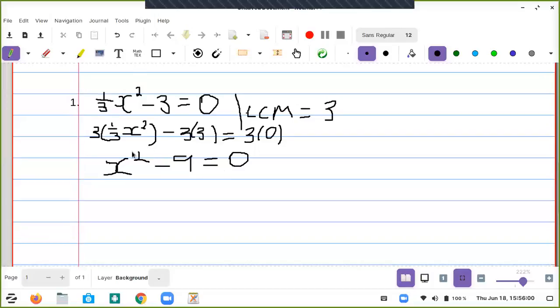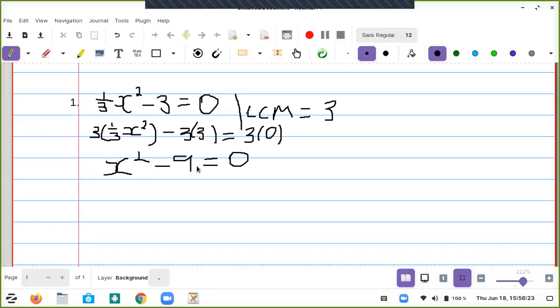So in this case, we are dealing with an equation that has two terms on the left-hand side, right? Since it is two terms, what type of expression is on the left-hand side? This type of expression is called a binomial because it has only two terms.